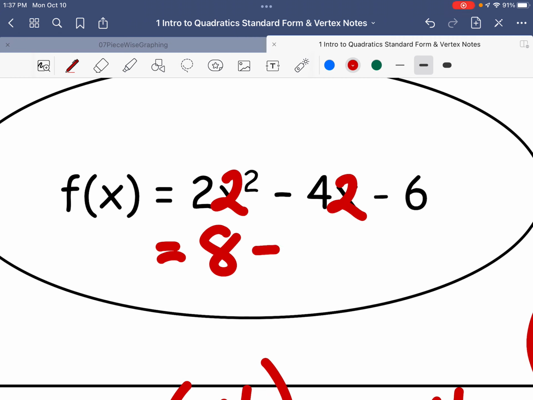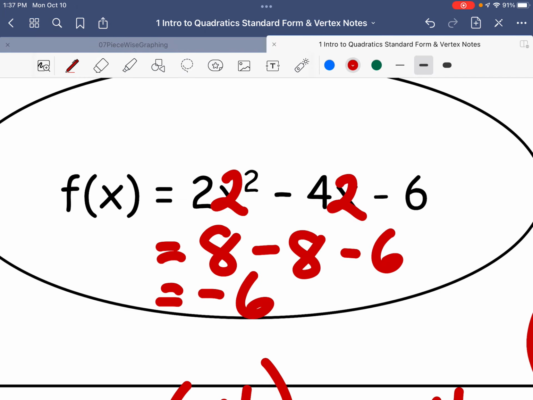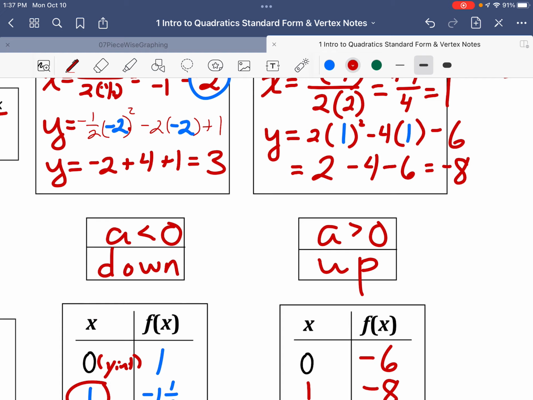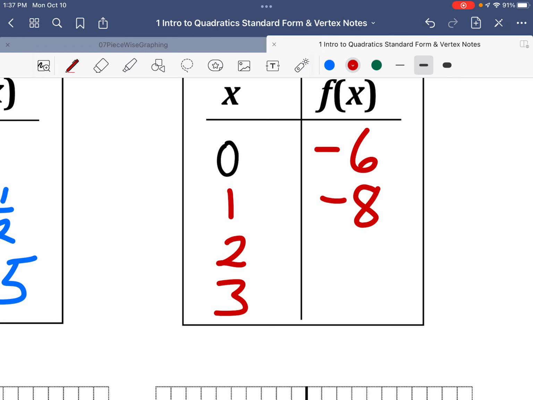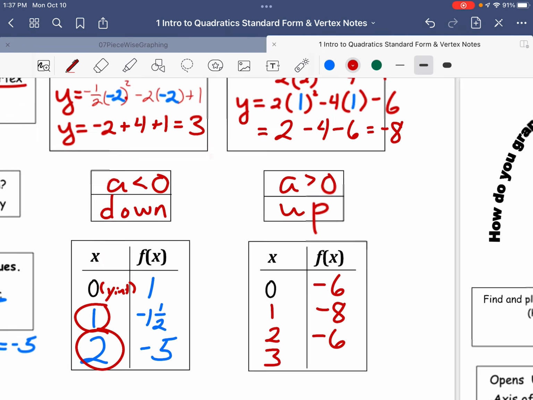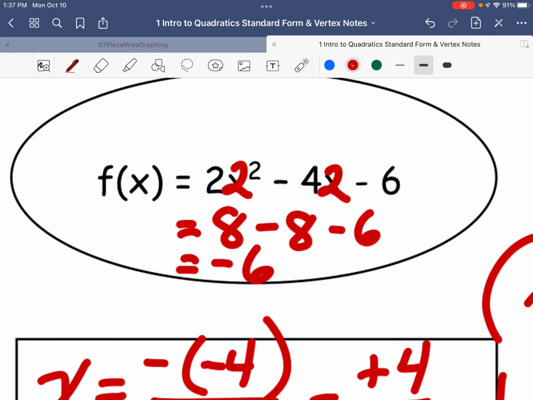2 squared is 4. 4 times 2 is 8. And then we end up with -6. Now, if you feel like you've seen that number before, you're right. But never fear, when you plug in 2, you get -6.